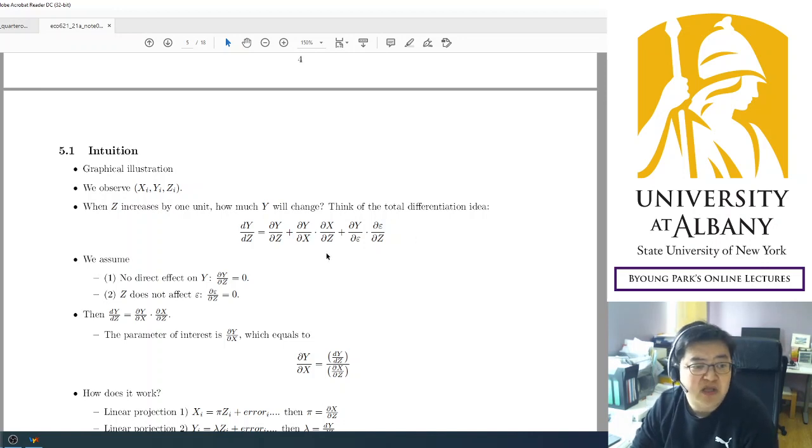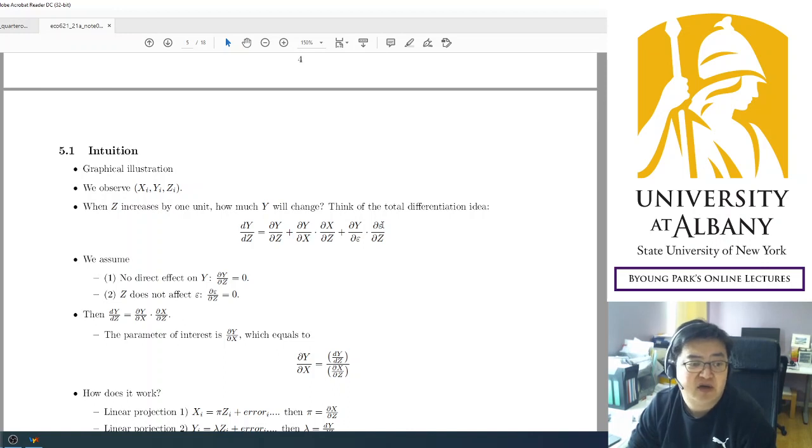And what we need here is that the first term disappears: no direct effect on Y. So Z, the new variable, has no direct effect on Y. Another assumption we need is that Z does not affect epsilon.